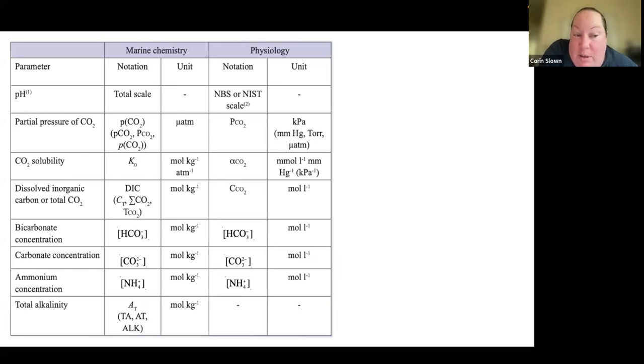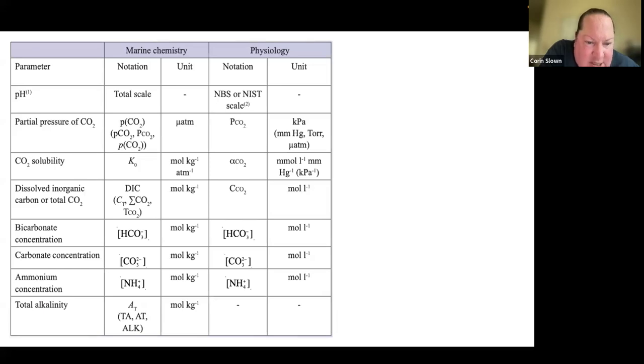Then we have the solubility of carbon dioxide. So we talked about KSP last time for solids, but there's also solubility for gases, and we're going to talk about that. And then dissolved inorganic carbon, or DIC, that was what we were just talking about, is typically measured in moles per kilogram for marine science, whereas for physiology, it's in moles per liter.